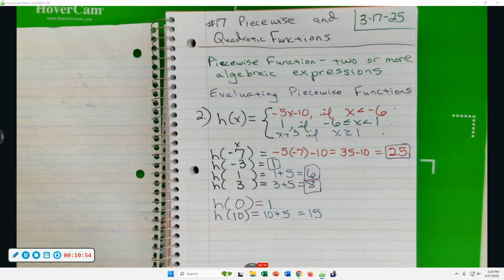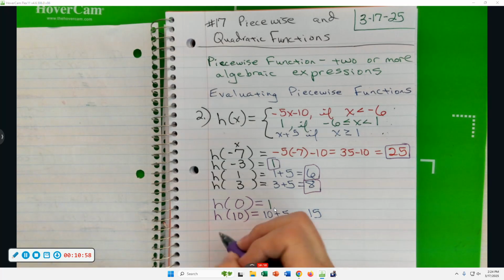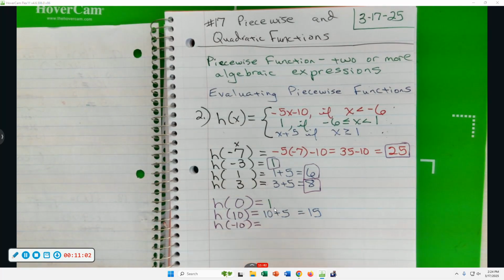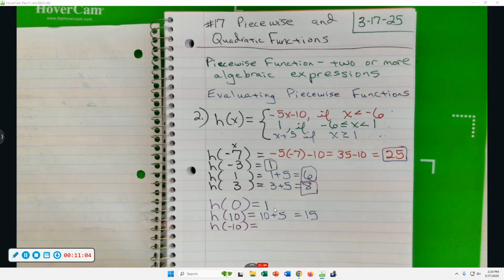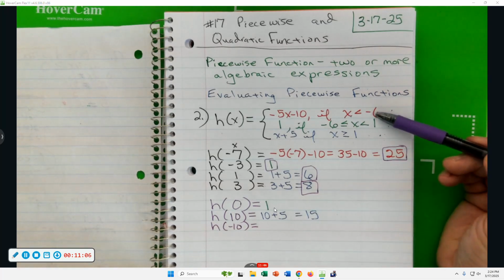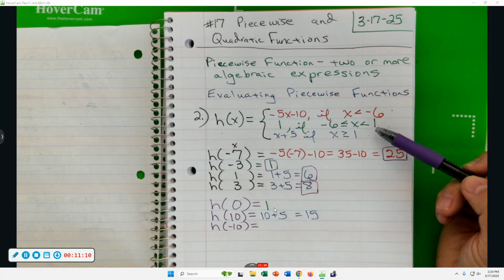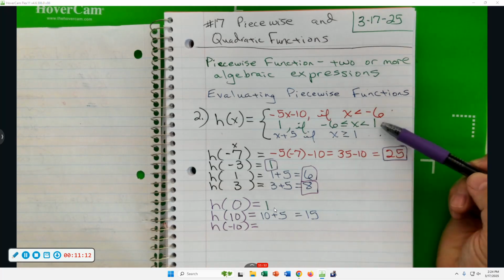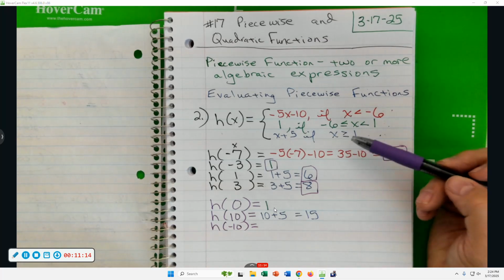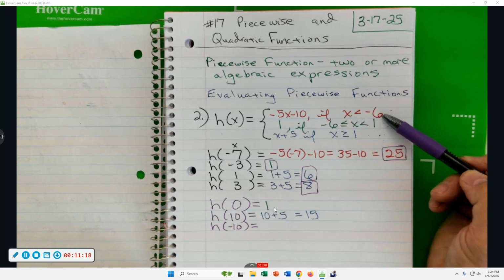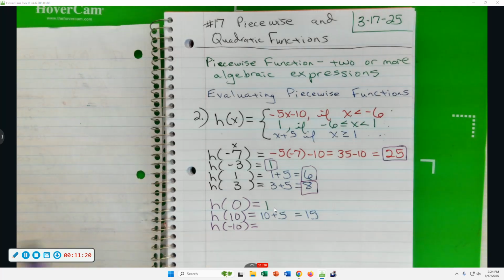I'll do one more. How about h of, well, we just did h of 10. What about h of -10? Which inequality is satisfied? Is -10 smaller than -6? Yes. Is -10 between -6 and +1? Or is -10 bigger than 1? Y'all said -10 is less than -6. That means you use the red piece.